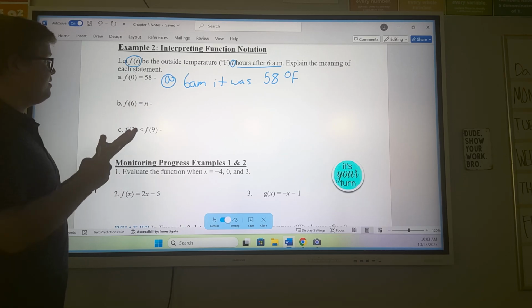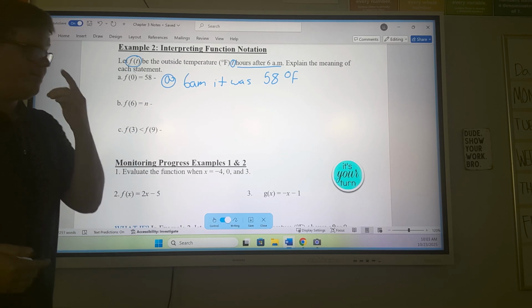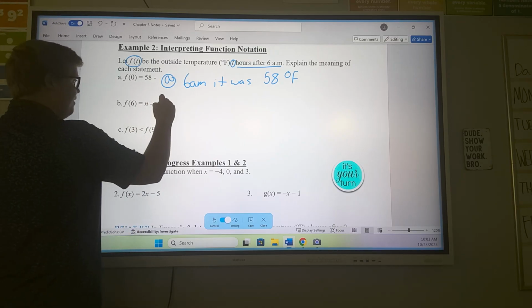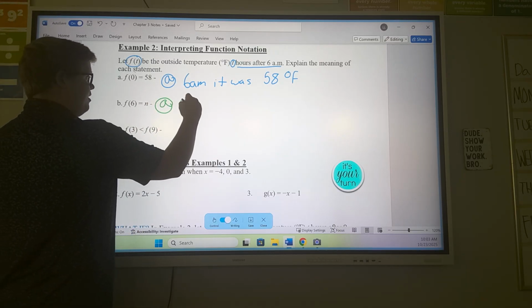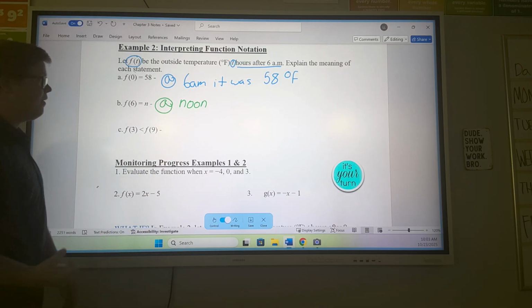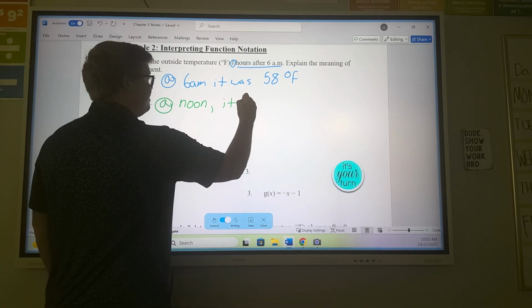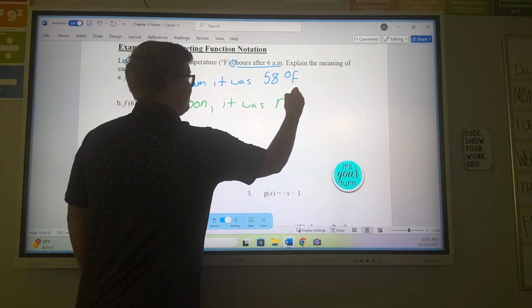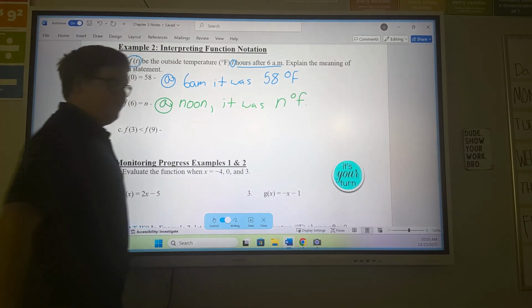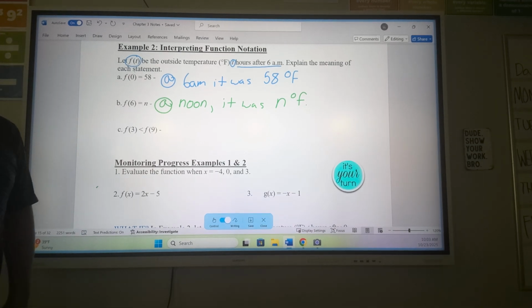So 6 hours after 6 a.m., it is noon. So at noon, and you can still say 12 p.m. if you want. At noon, we don't know our temperature, so we say it was n degrees Fahrenheit. That's all we are saying. We are saying what we see. We're not given anything else but that, so that's what we got to say.